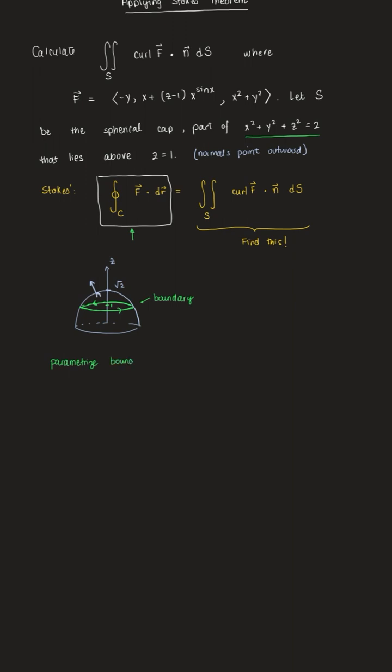So let's find the boundary first, right? We know the boundary is where our sphere, x squared plus y squared plus z squared equals 2, intersects the plane z equal to 1. That's going to be our boundary. And so I'm going to plug z equal to 1 into our sphere to get x squared plus y squared equals 1, which is a unit circle at an altitude of z equal 1.